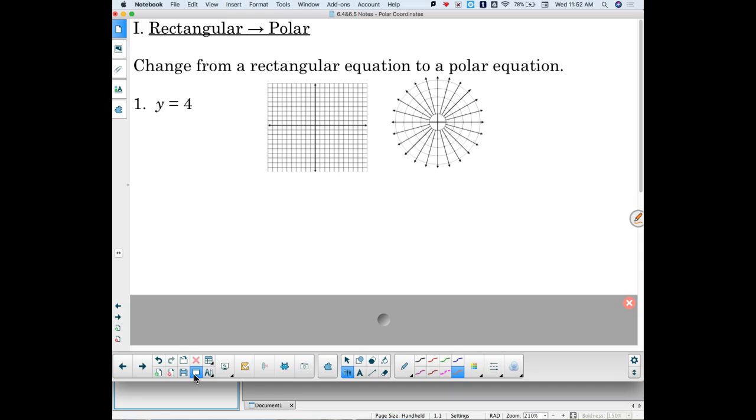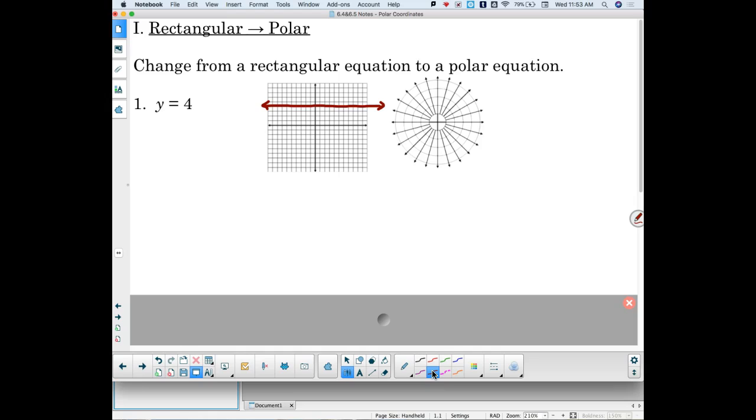What kind of a graph is the rectangular graph y equals 4? What kind of a picture does that produce? Horizontal line. How far up off the x-axis? 4 up off the x-axis. So 1, 2, 3, and 4 would be right here. A nice horizontal line that looks like that.